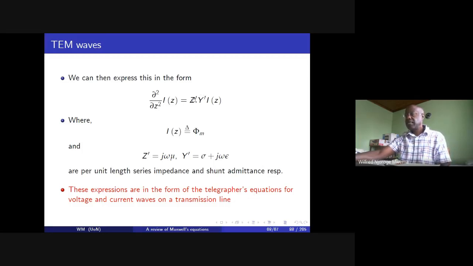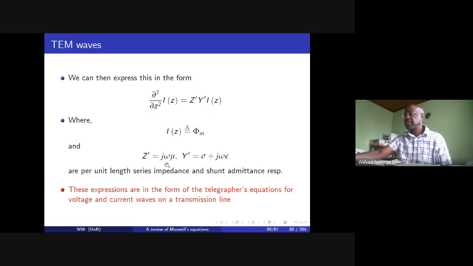Instead of Z and Y, we were using L, R, G, and C, that is L prime, R prime, C prime, and G prime. And therefore you had those values as R prime plus j omega L prime into G prime plus j omega C prime, multiplied by the e to the power of z.